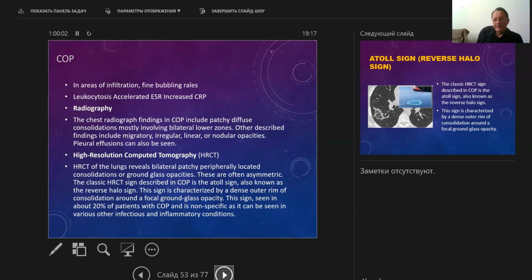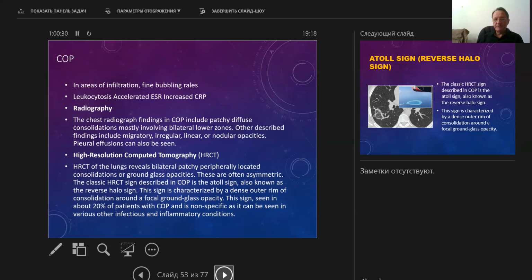They are often asymmetric. The classic high-resolution CT finding described in COP is the so-called atoll sign, also known as the reversed halo sign. This sign is characterized by a dense outer rim of consolidation around the focal ground glass opacity.